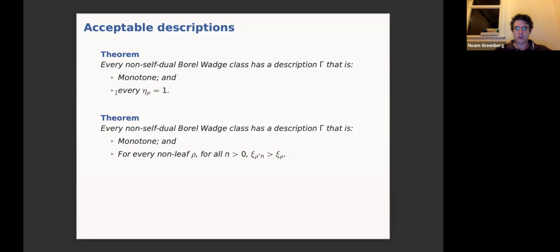And I can also either require that every eta ordinal is 1, so instead of eta many mind changes in each approximation, I just change my mind once from default to possibly non-default. Or I can require that the psi ordinal, the one that tells me how many Turing jumps I need to take, strictly increases for non-default outcomes.